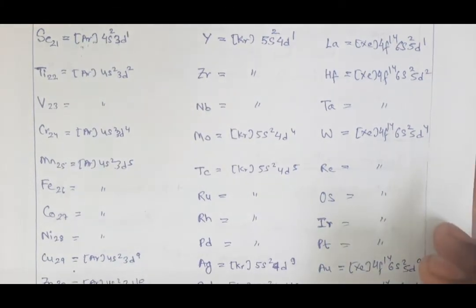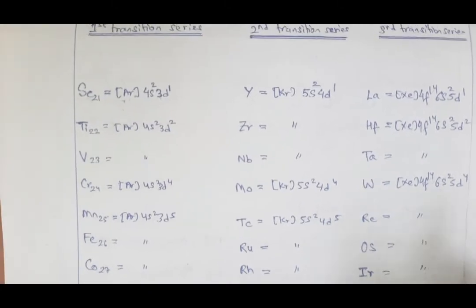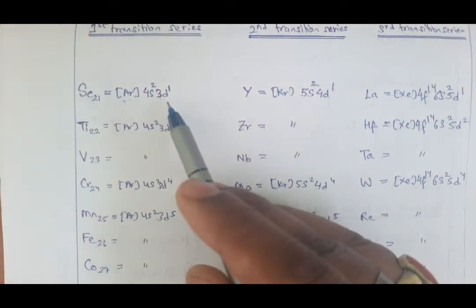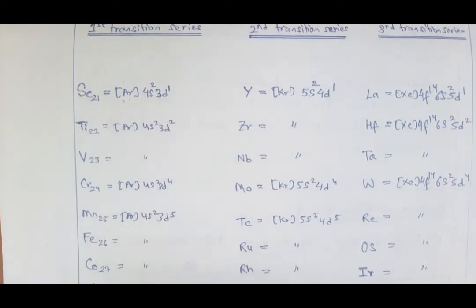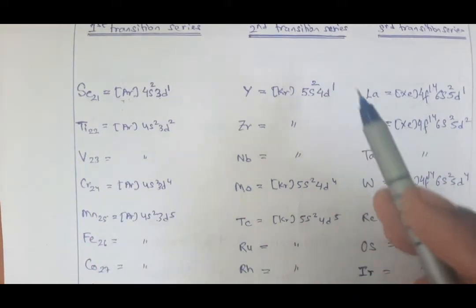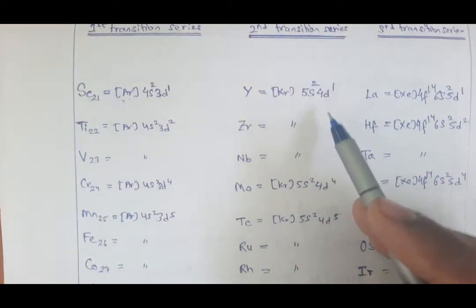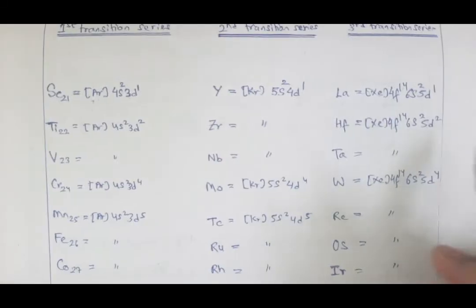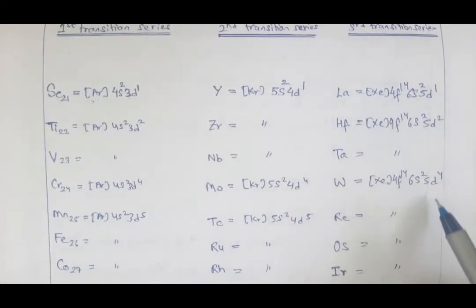Now students, in the first transition series the electronic configuration ends in 3d, in the second transition series it ends in 4d, and in the third transition series it ends in 5d.